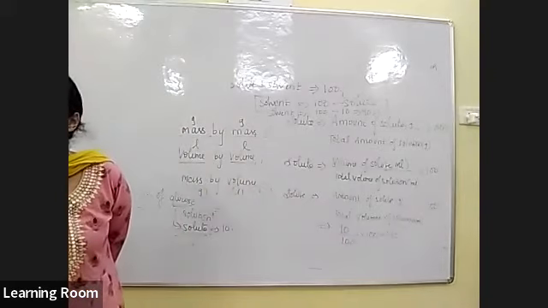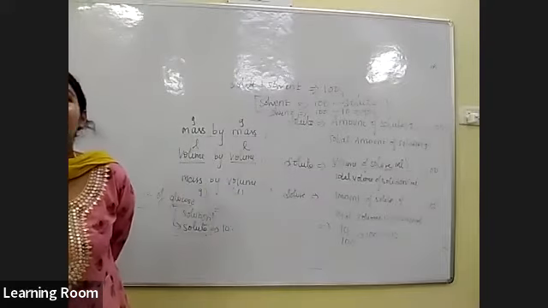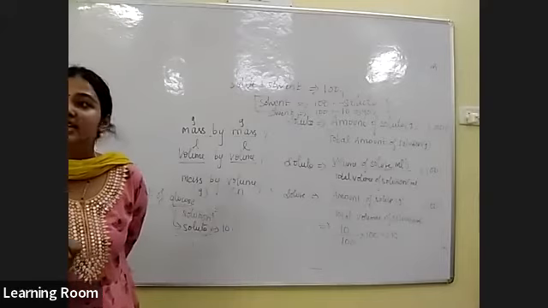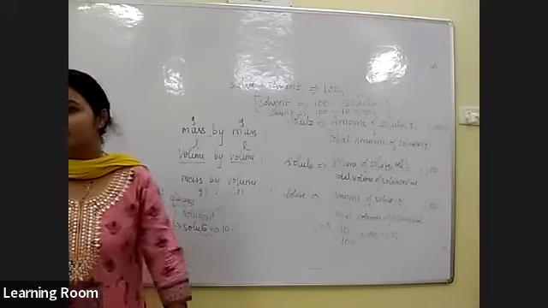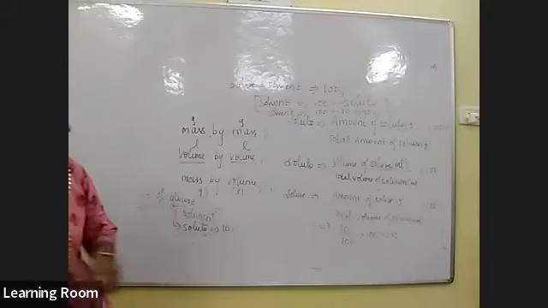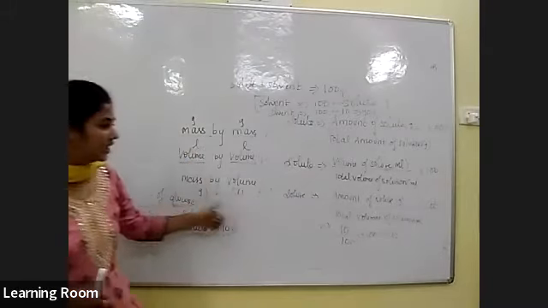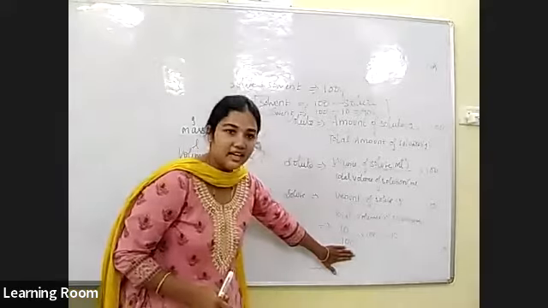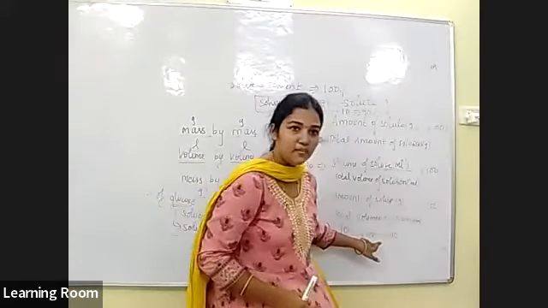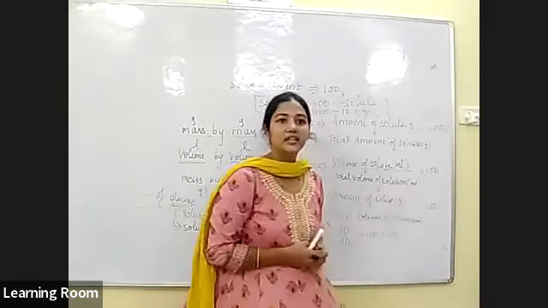Clear? Is it clear? What is not clear? This is the amount of the solute, 10% glucose. The total volume of the solution is 100, into 100 is there in the formula. Let's try it and see what your answer is.